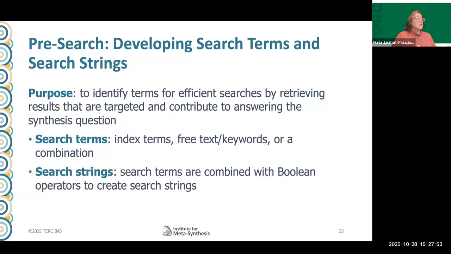You can use index terms, which are predetermined by publications, free text keywords, or a combination of the two. We usually use a combination. It sets a broader net for the synthesis. Search strings are a combination of the search terms with Boolean operators to create search strings that will be inputted in your engines to conduct your searches.